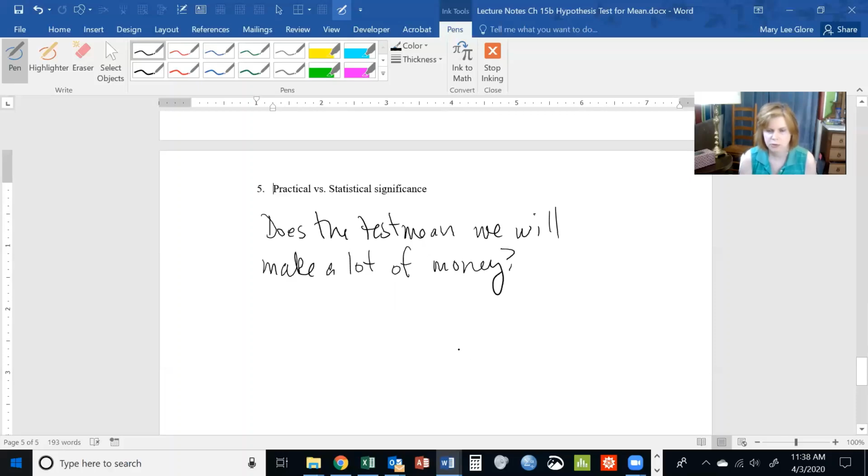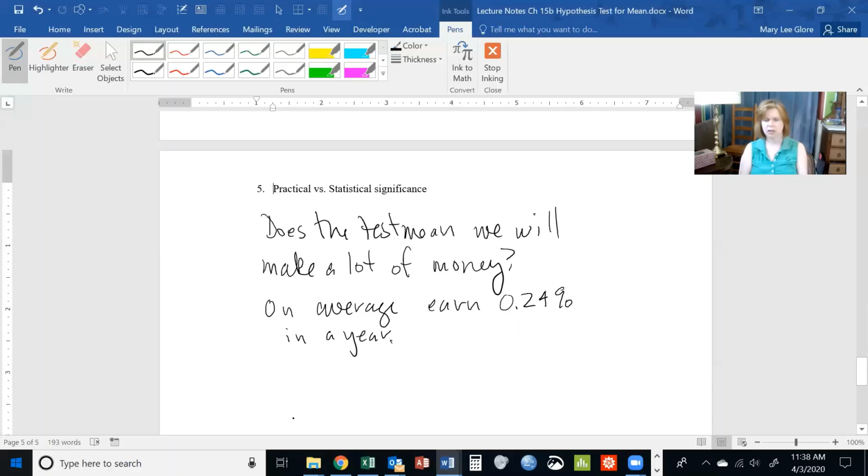Well, how much are we going to make on average? It was 0.24% over the year. Is that a big deal? No, that's not very much. You're going to make something, but that's not a huge amount.